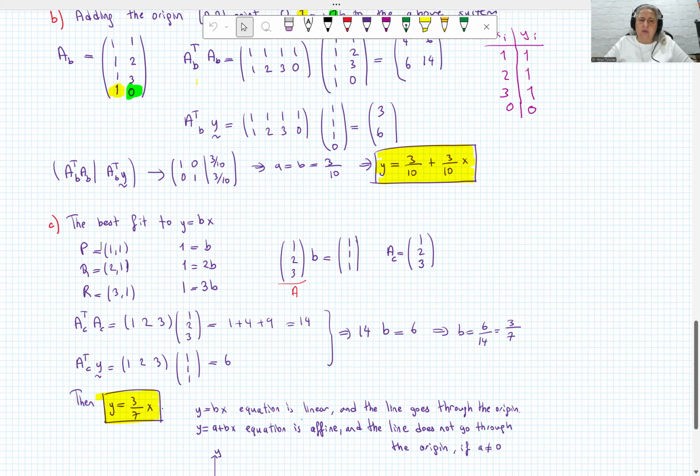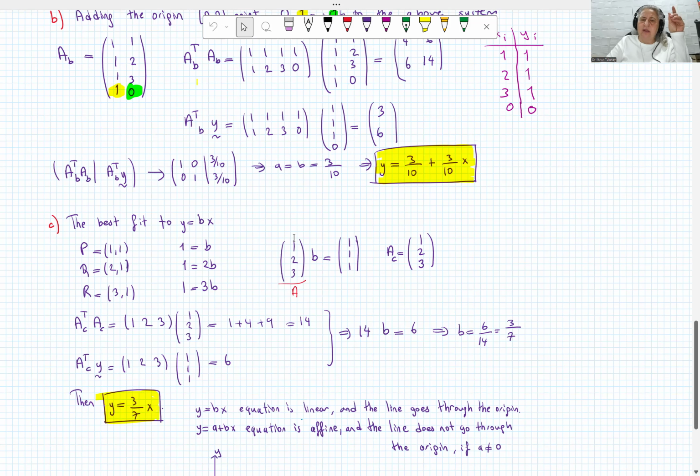Okay, in this case we have P, Q, R, so the data set is still 3 points. Here in our equation there's no constant coefficient, so there's no column of 1s in the matrix A. The coefficient matrix is 1, 2, 3, and the left-hand side of the equation is 1, 1, 1 for the y's.